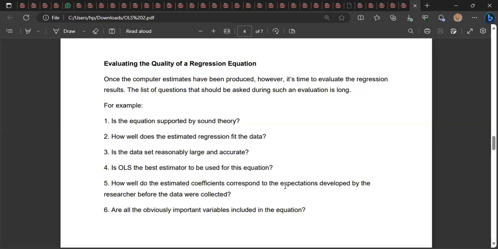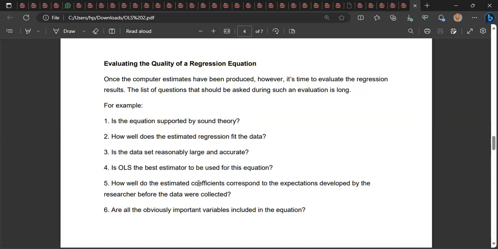And then, how well do the estimated coefficients correspond to the expectations developed by the researcher before the data set was collected? For instance, you have your expectations, so you know how different variables behave with each other.